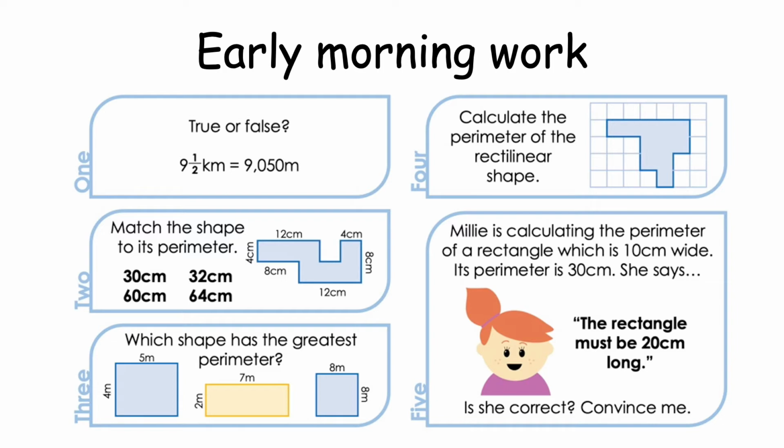So that gives you a total so far of 20 centimetres. Its perimeter is 30 centimetres. So 30 subtract 20 is 10. So the other opposite sides must be 5 centimetres. So she was incorrect.